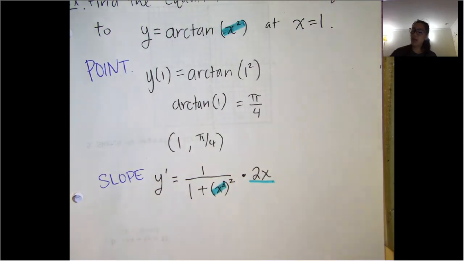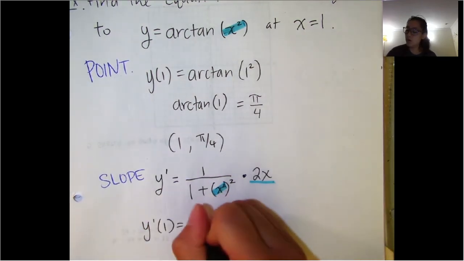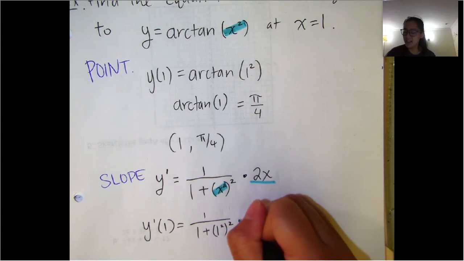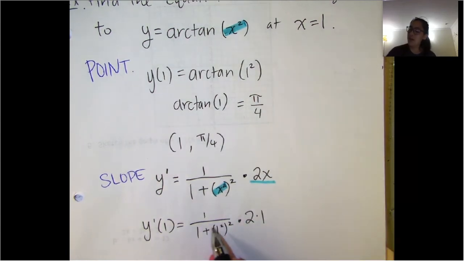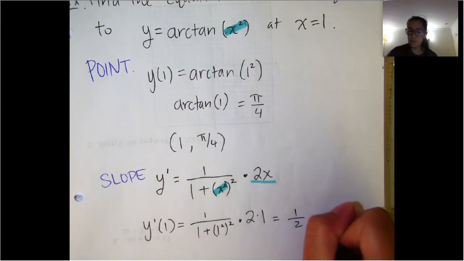Okay, so then we plug in 1, so y prime of 1 equals 1 over 1 plus 1 squared squared, and then times 2 times 1. And so we have 1 over, and then 1 squared squared is still just 1. So 1 over 1 plus 1, that's 1 over 2 times 2 equals 1 over 2 times 2.